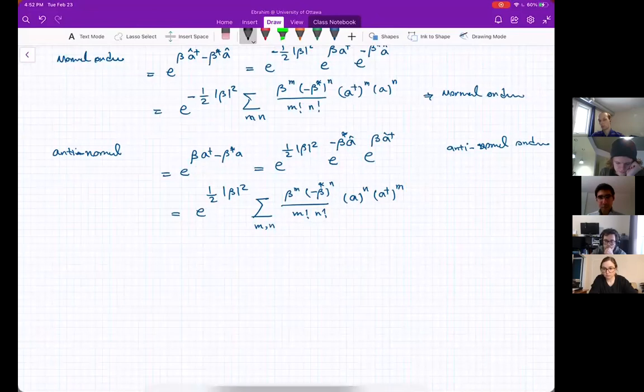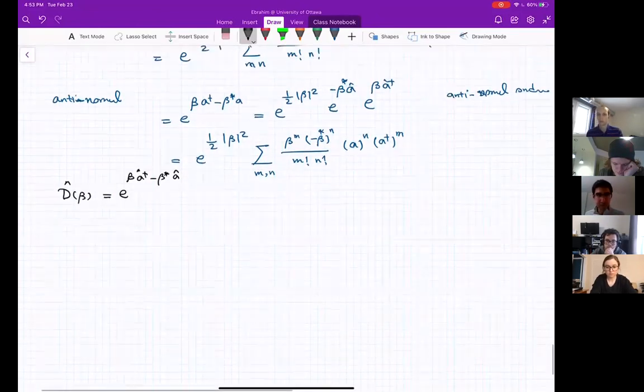So let's do that. The displacement operator of β. Just remember, it is e^(β a† − β* a), which we wrote in the normal order.